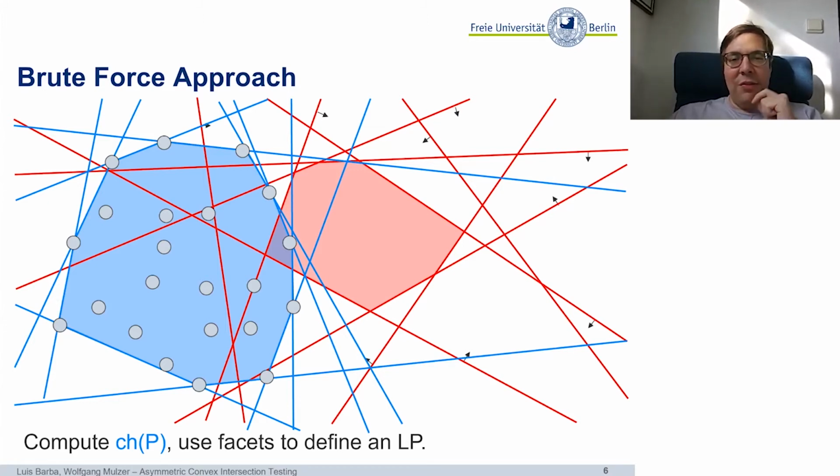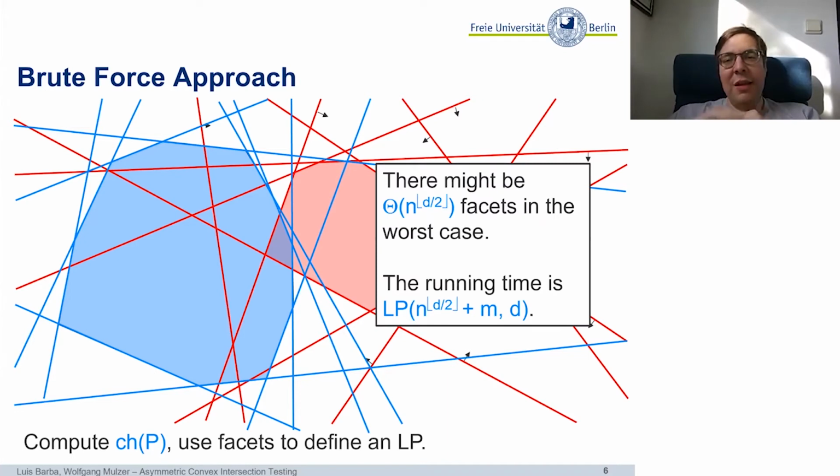Okay, and so does that work well? Let's see. Of course, there's a problem with that, or something that might not be satisfactory. If we are in high dimensions, then we know that if, for example, the points of P lie on the moment curve, then the number of facets of the convex hull of P might be up to n to the d over 2.